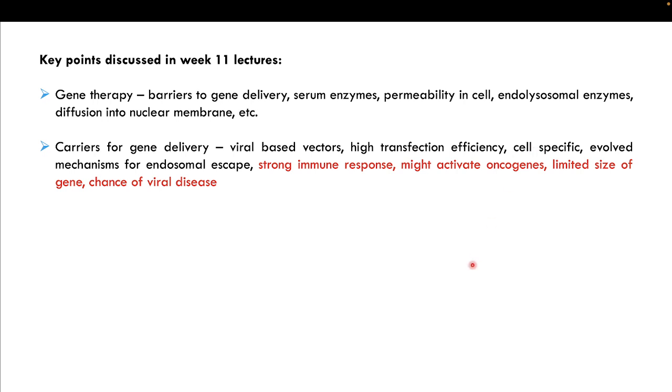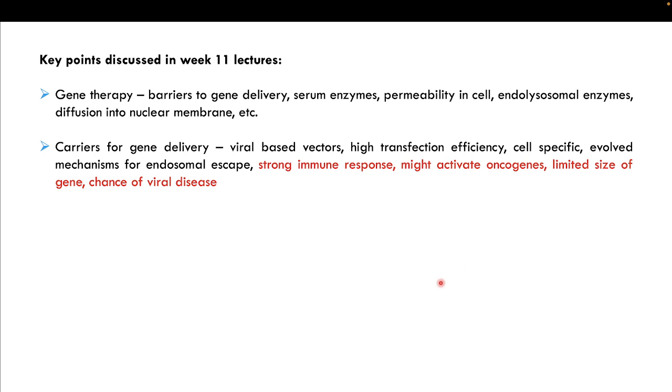It is cell specific. It knows which cells to target, so it will eliminate the off target. It will be very specific, meaning that it will not go to other cells and infect those cells. Then it has evolved mechanisms for endosomal escape. So in that case, most of your gene material will not be degraded, and it will reach the particular site.